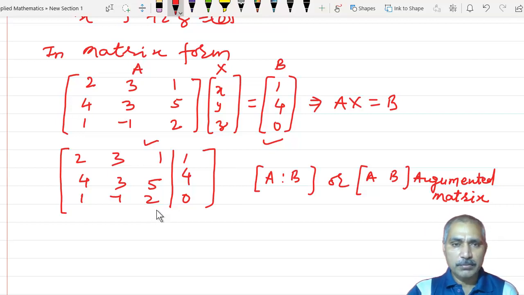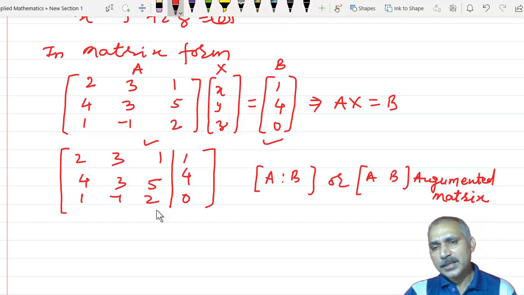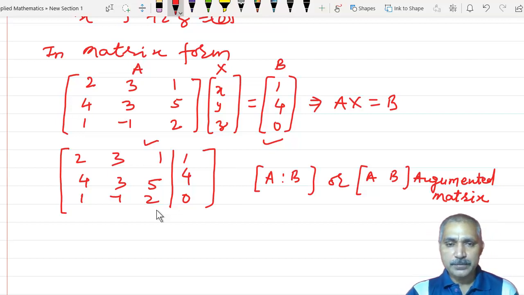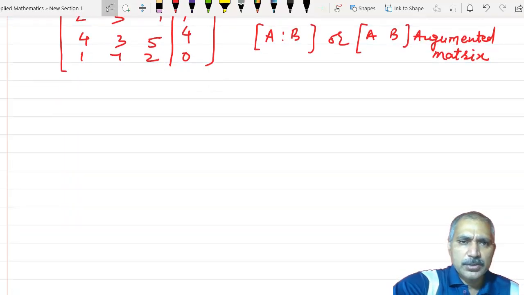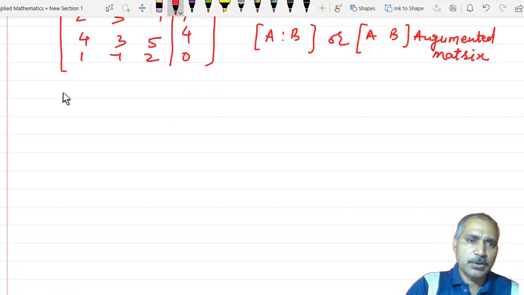I hope you have understood the concept of the augmented matrix. Every time we will be converting the given equations into matrix form and then into augmented matrix form. Now we will take one more example to explain this concept.